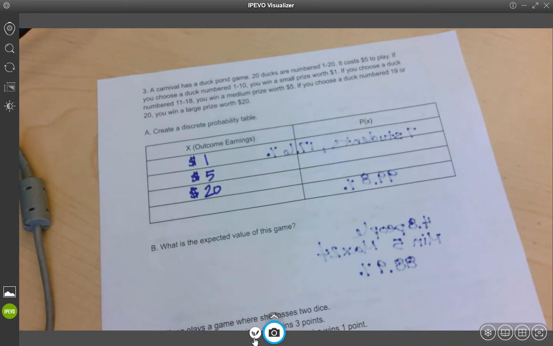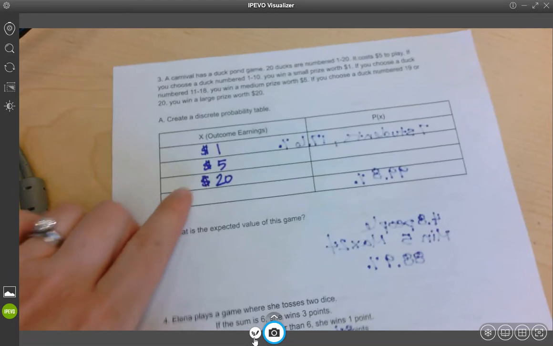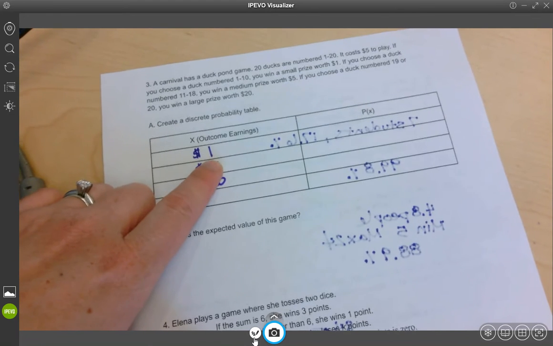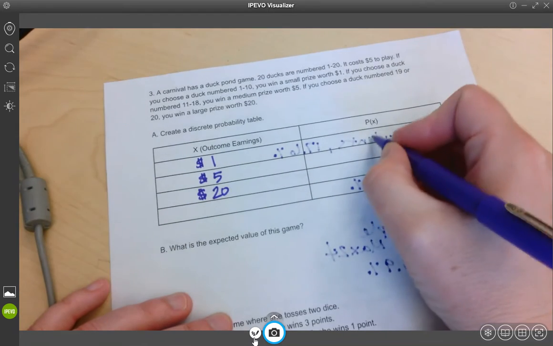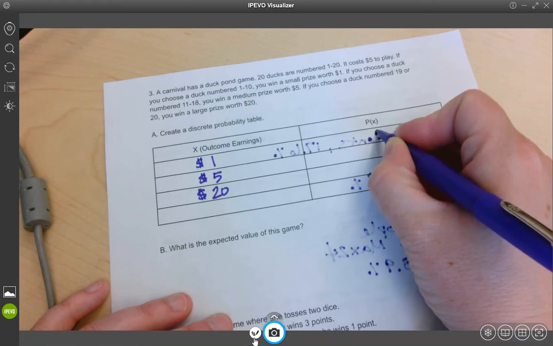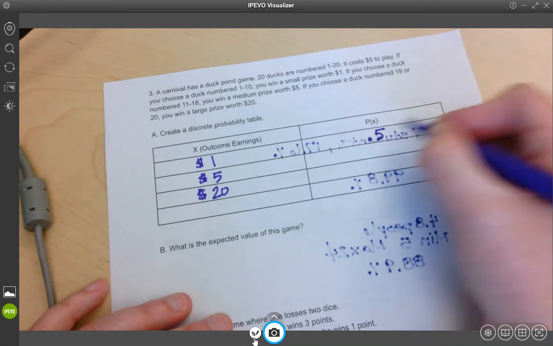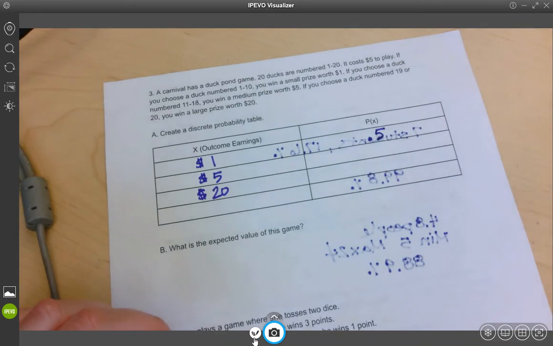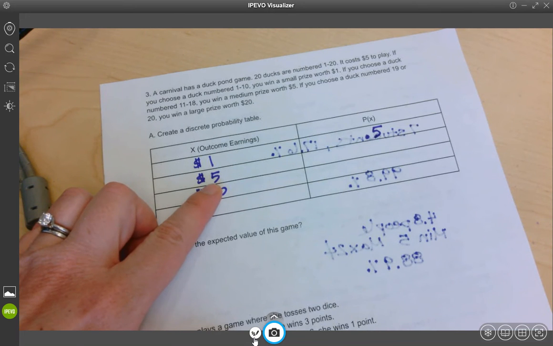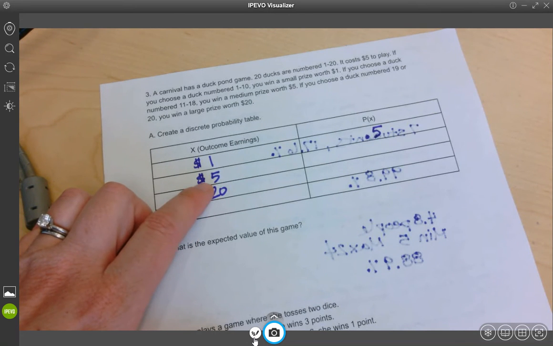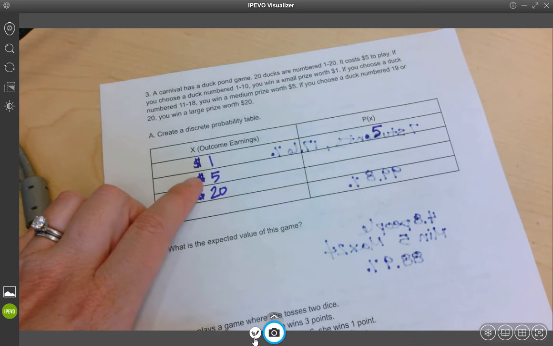All right, how many ducks are numbered to get $1? There are 10 ducks out of 20, which is 50% or 0.5. I'm going to use 0.5 right now because it's going to be helpful in that form, but 50% is also right. So 10 out of 20. And then for the $5, how many ducks were numbered to win $5? 8 of them out of 20.